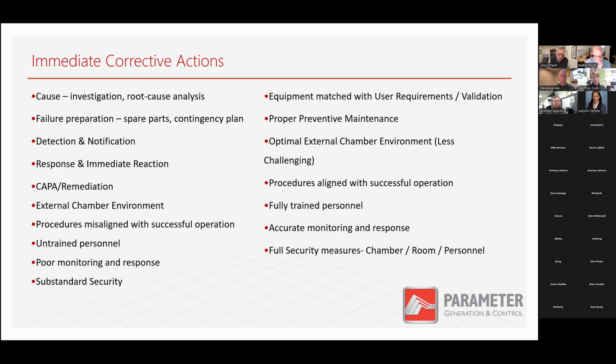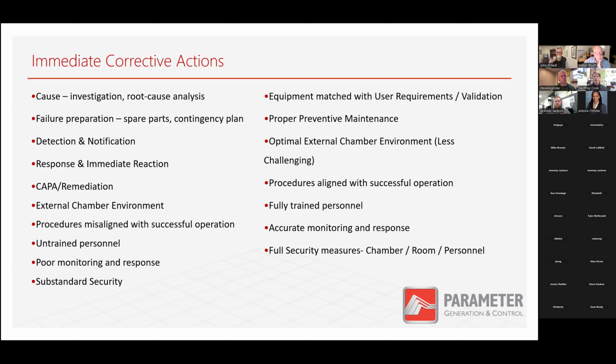Obviously, the first thing you have to do is an investigation and a root cause analysis into the nature of the problem. Again, I've got failure preparation. That's the spare parts and contingency plan I mentioned. The detection and notification is sometimes if you are actively monitoring your chamber, and we are developing future products that will actively monitor the health of the components in the chamber as far as detection of the failure.